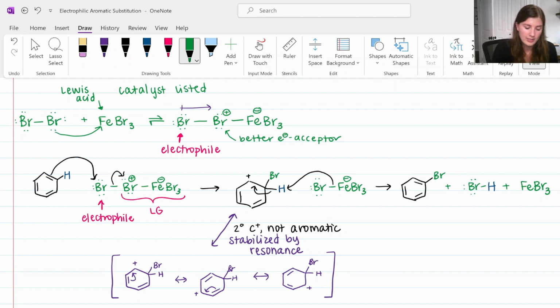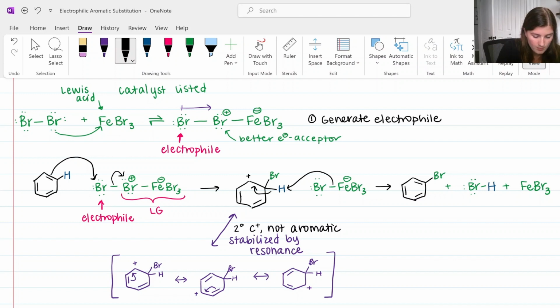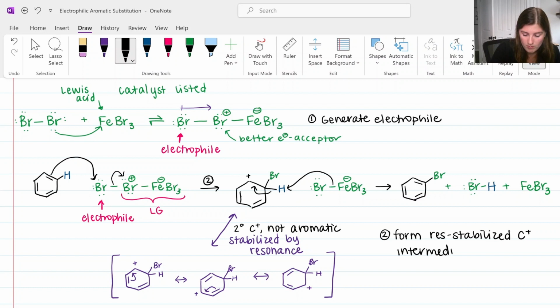So if we think about the overall reaction, we can say step 1 up here, we generate the electrophile. That is the larger bromine iron molecule, the iron with 5 bromines. Then step 2 here, I'll write this step down here, form resonance stabilized carbocation intermediate, which is not aromatic.